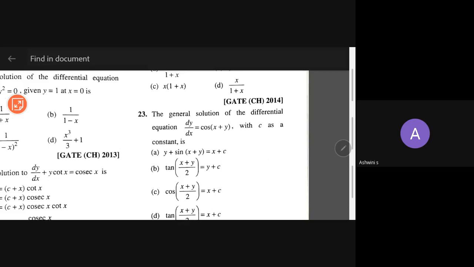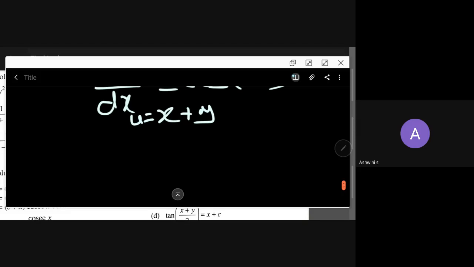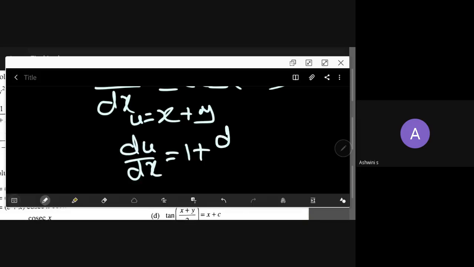For this one, you take x plus y as, say, u. So du dx is 1 plus dy dx. So our dy dx is du dx minus 1.